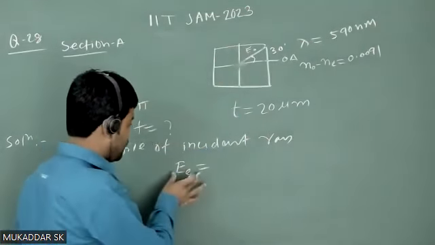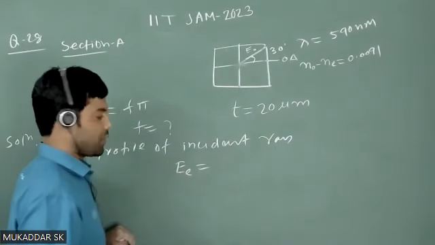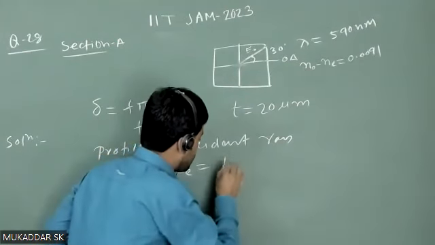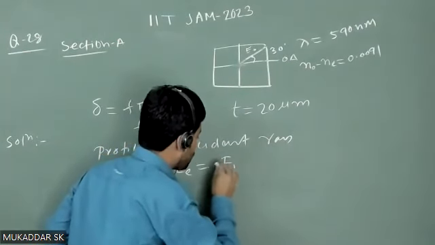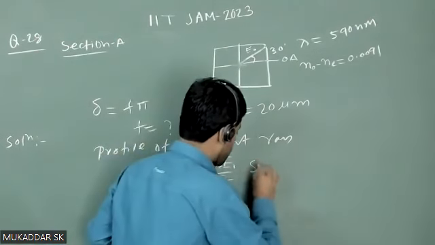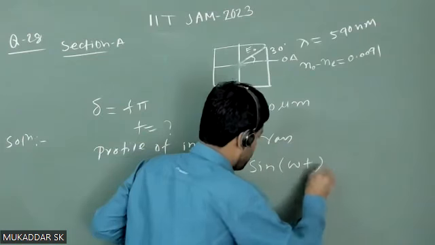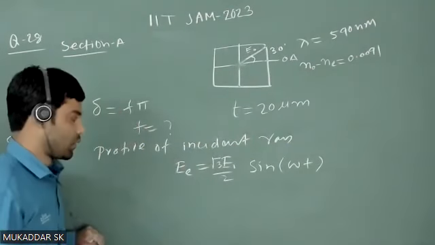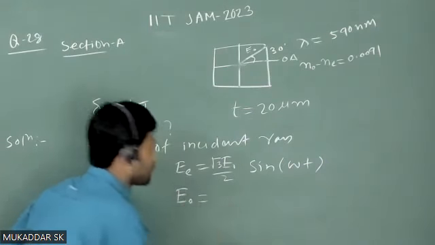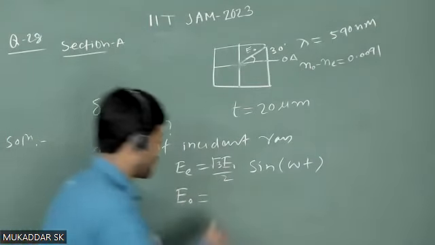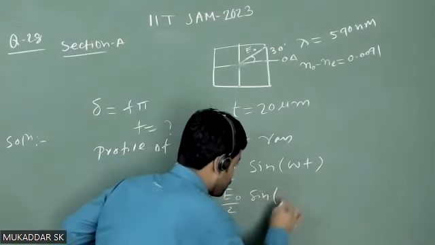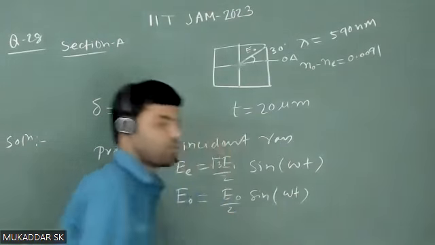So the incident profile of E ray has amplitude E naught cosine 30, that is root 3 by 2 E naught, times sine of omega t. Similarly, the profile of O ray is E naught sine 30, that is E naught by 2 sine of omega t. Initially there is no phase difference.